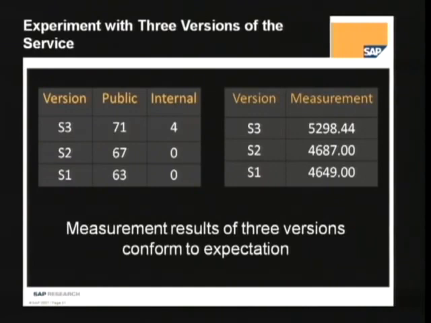So I think it was a very good design decision. The attack surface would have been much higher if they had these 4 services as public services. So the measurement results of the 3 versions conform to the expectation.